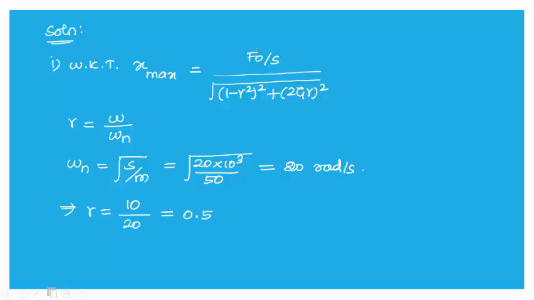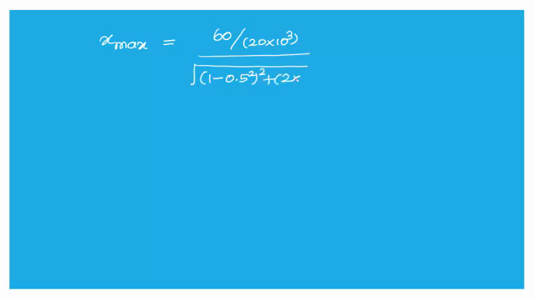So now we know the value of F naught, S, r. Zeta value is given in the problem. So now we can substitute all the values in the X max formula. F naught is 60 newton divided by S, which is 20 into 10 power 3 newton per meter, divided by root of (1 minus r square) the whole square plus (2 into zeta as 0.2 into r as 0.5) the whole square.